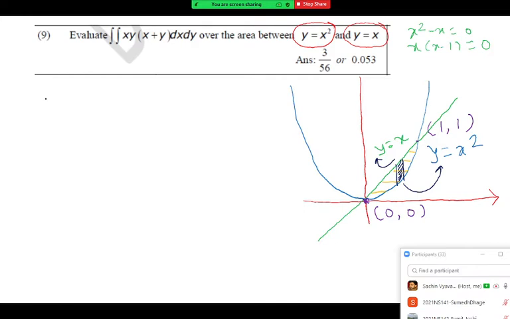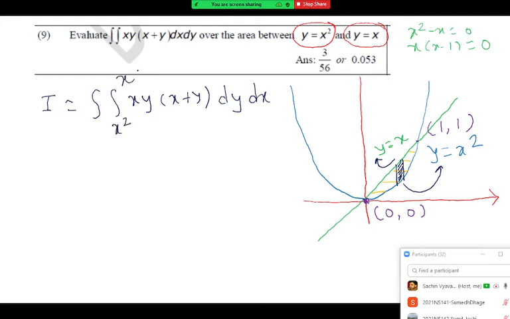Here I will tell you one important thing. Someone asked me a doubt at the beginning, sir, the wrong limits are given. But as I have taken a vertical strip, the order I selected is dy dx, and the limits of y are from x² to x.